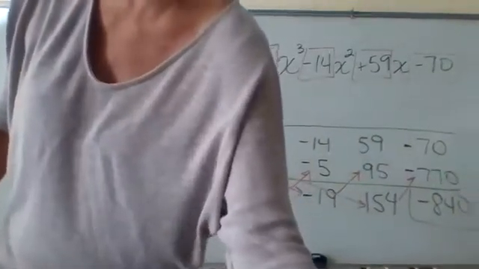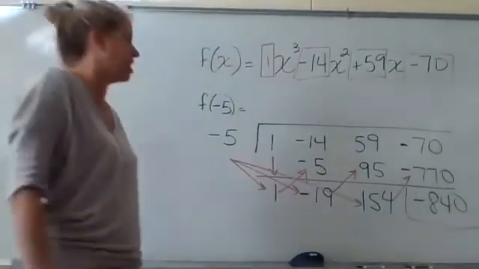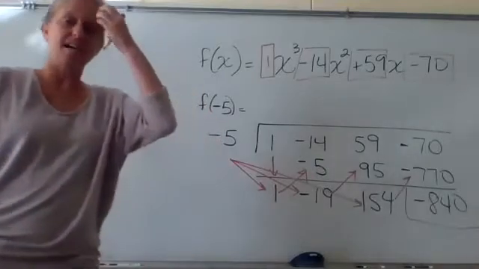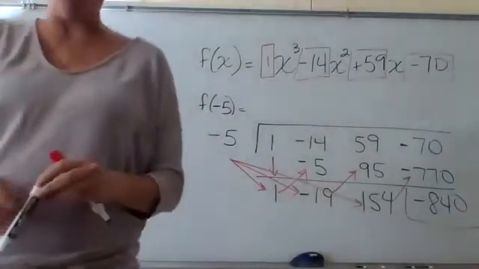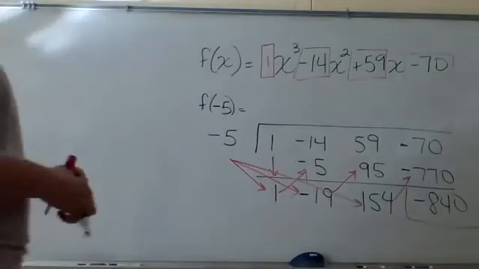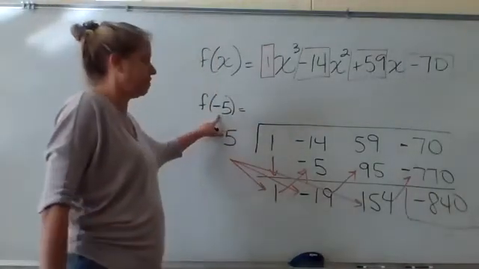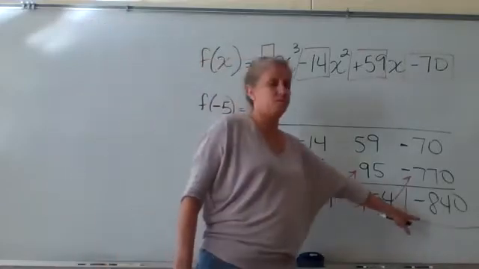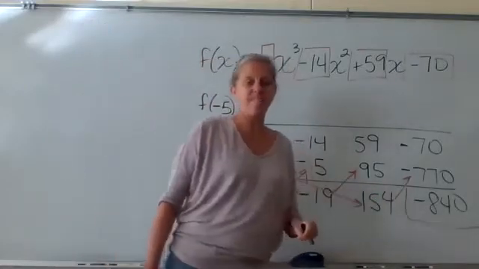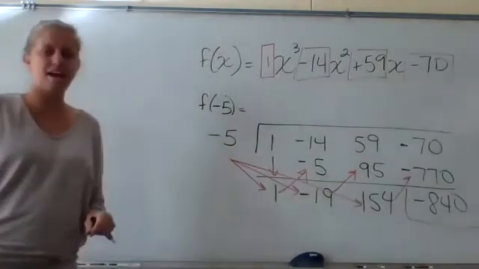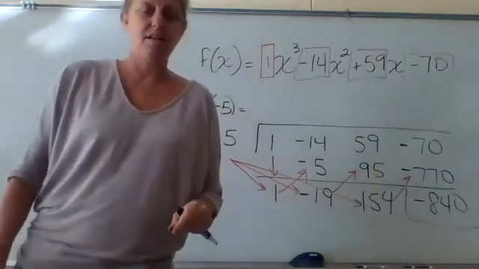If you plug in negative 5 into that function, you would get negative 840, which means negative 5 is not a solution or a 0. That means when x is negative 5, what you're coming up with down here is the y value. When x is negative 5, the y would be negative 840.